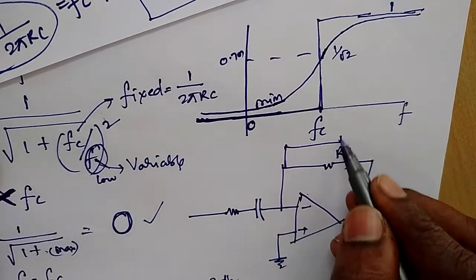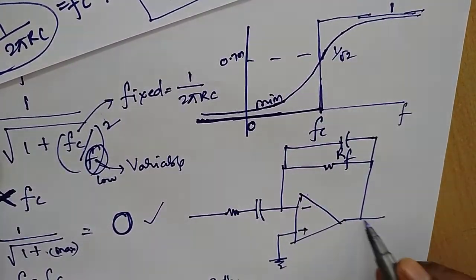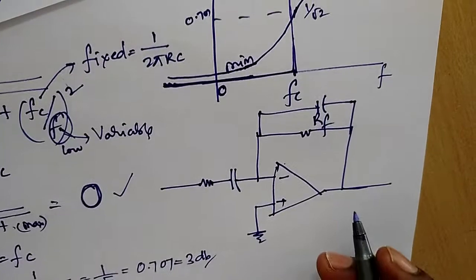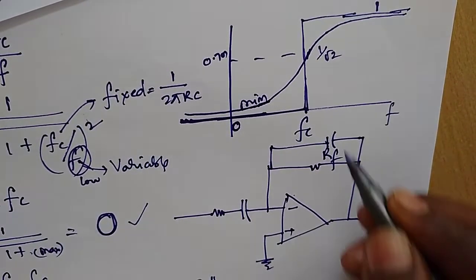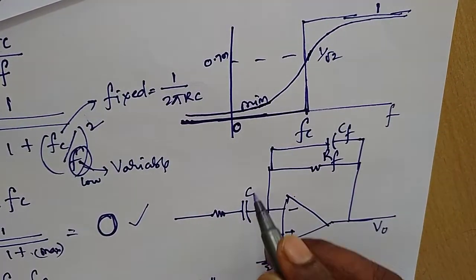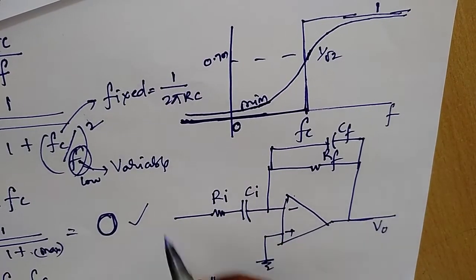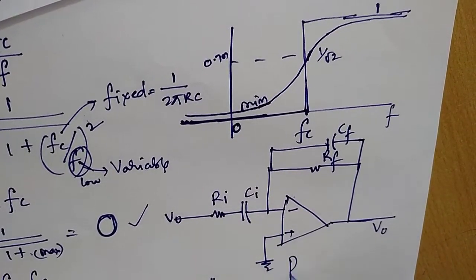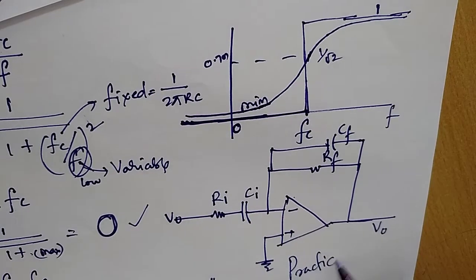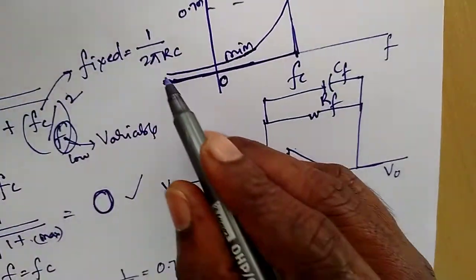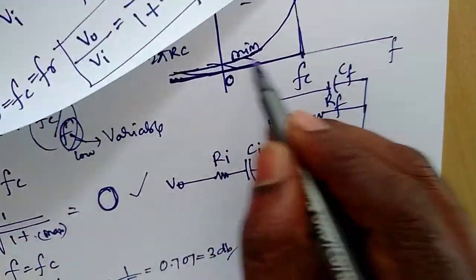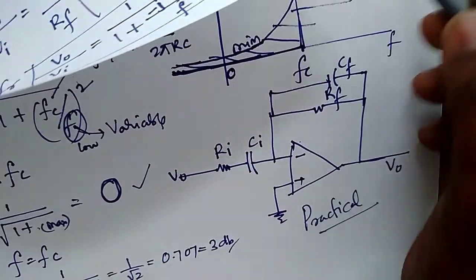Then you can use one external capacitor, and only then can you control the gain for all cases. That is V0, CF, this one is CI, and this one is RA. This is the practical circuit diagram to get each and every instantaneous point from starting to ending. And only then can you eliminate the noise based on this expression.